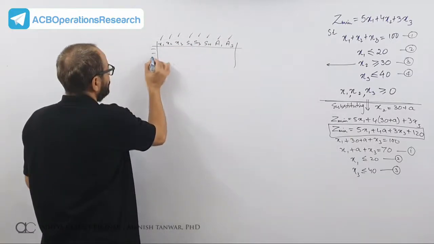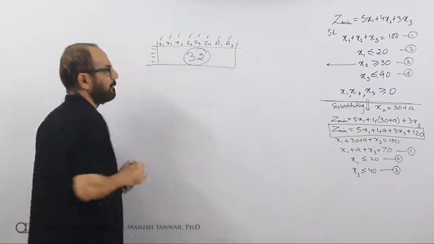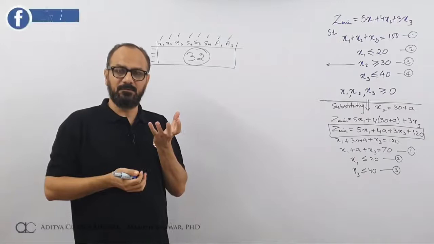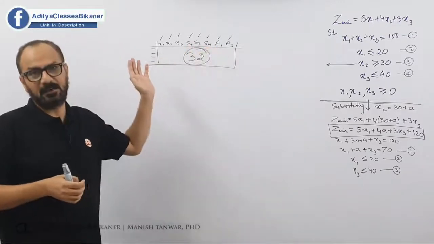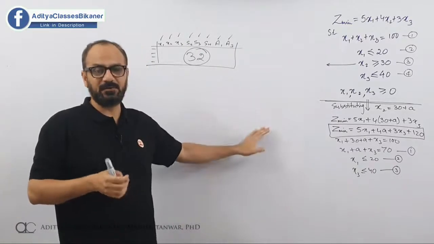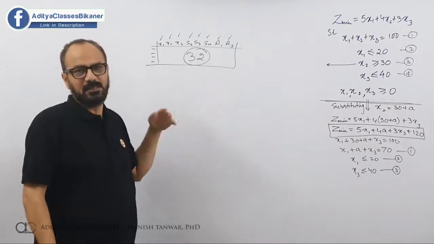So I would have had a simplex of 32 different cells, a matrix of 32 cells. A transfer from first table to second table would have needed 32 calculations.